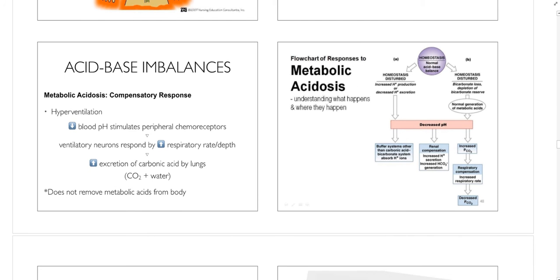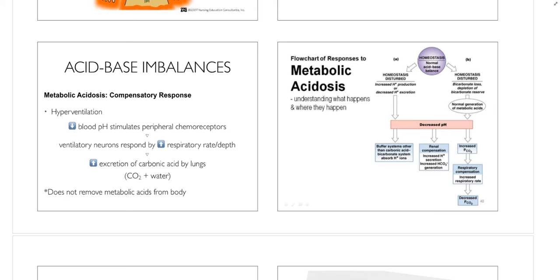So what we're going to do to compensate for this is we're going to enter into hyperventilation. We're going to kick the lungs into gear, blow off a whole bunch of CO2 to try to compensate for that buildup of lactic acid or ketone bodies, and try to get the pH back to a normal range. Again, we are not removing the metabolic acids.